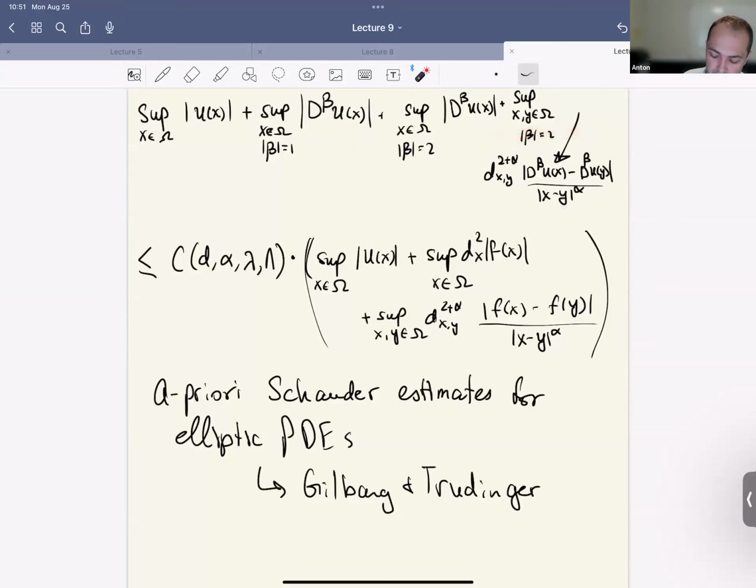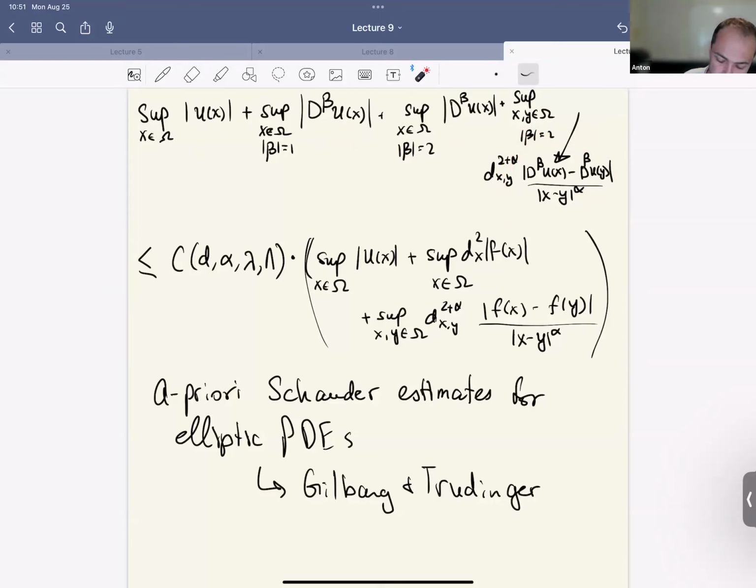Because if alpha equals 1, then this is the Lipschitz coefficient of the second derivative. But alpha is not going to be allowed to be 1, and that's crucial. Still, this is basically control on how the third derivative grows, more or less.